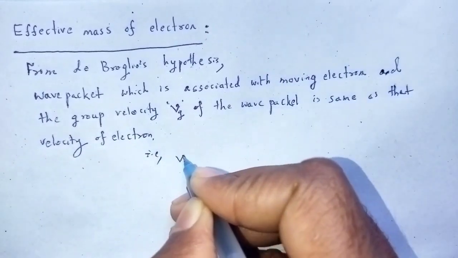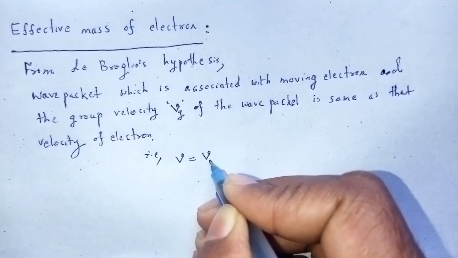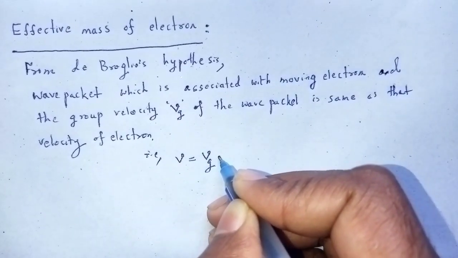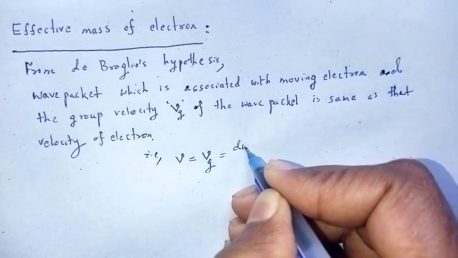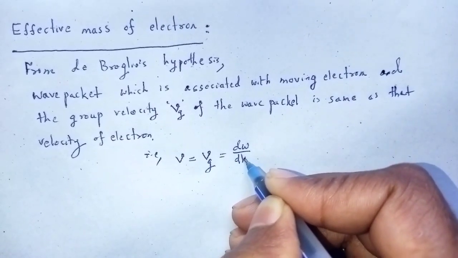That is, the velocity of the electron is equal to the group velocity, which is d omega by dk.